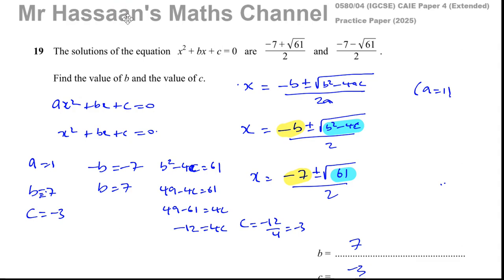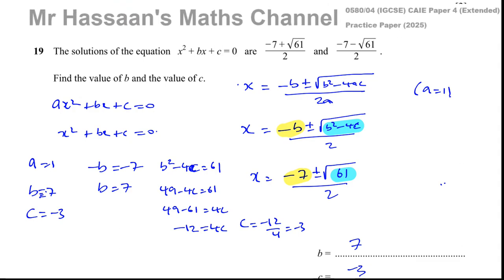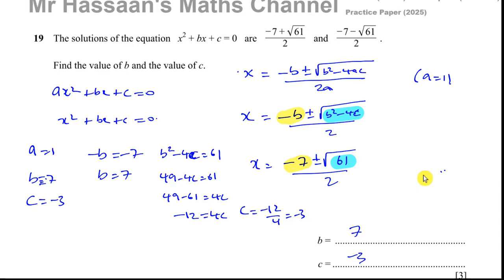There are other ways of doing it as well, which are a bit more complicated. Like you could use completing the square, which is what the quadratic formula is from anyway. In an exam situation, I would recommend you just use this method here. But there are other methods. We could use the fact that these two are roots of the equation and work backwards from that.